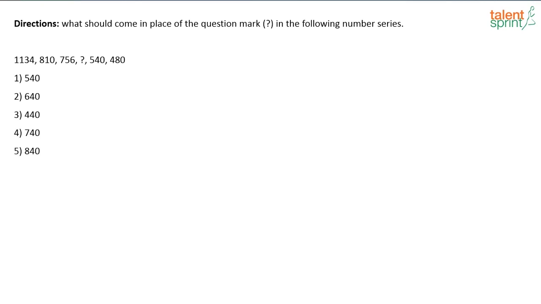So there is actually an alternating series here. What is given? 1 1 3 4 8 1 0 7 5 6 question mark 540 480. Okay. So here what happens is you have 756, correct?